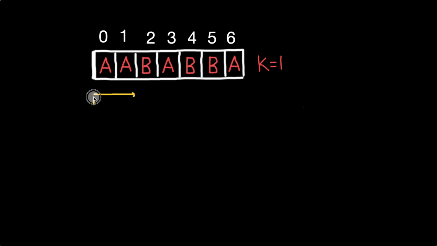We can have a start pointer pointing to the first character, and then we'll keep on expanding our end pointer to find each possible substring. Initially the end will be here, and then next it will be here, right? Then the first substring would be this one, the second substring would be this one. Then we'll keep on expanding our end pointer to find the next substring.